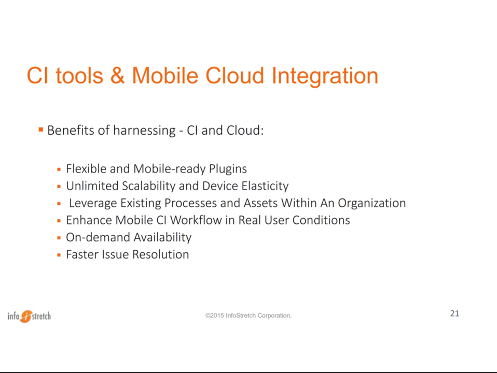So I don't have to reinvest in new tools for my CI system, as these mobile clouds already have integration with existing CI-based tools. I enhance my mobile workflow, or CI workflow excuse me, using real user conditions.